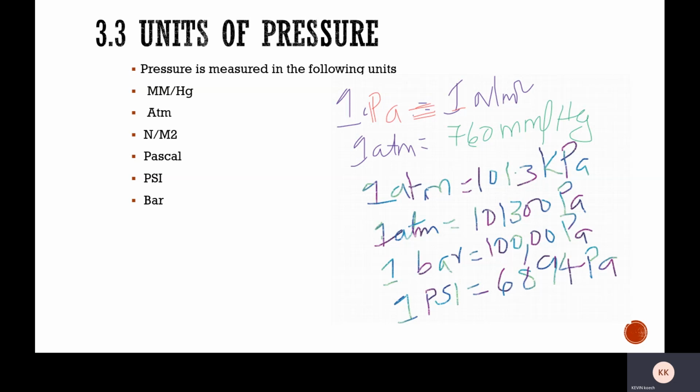There is another one known as PSI, pounds per square inch. And then the last one, bar and millibar. We have 200 bar, mostly used in medical gases. A cylinder may be given in terms of 200 bar.